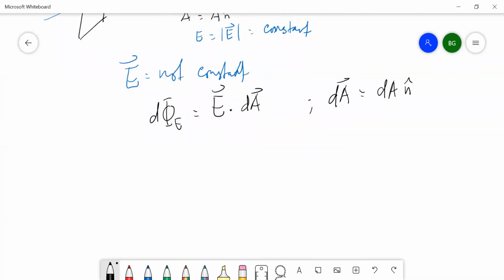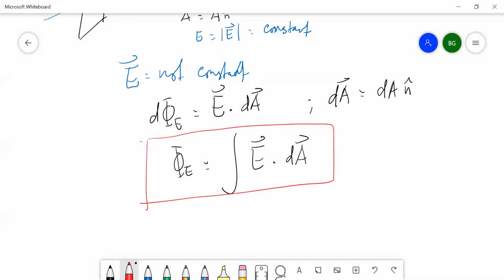So in general we have the flux equal to the integral of E dot dA. This is the flux formula for the electric field.